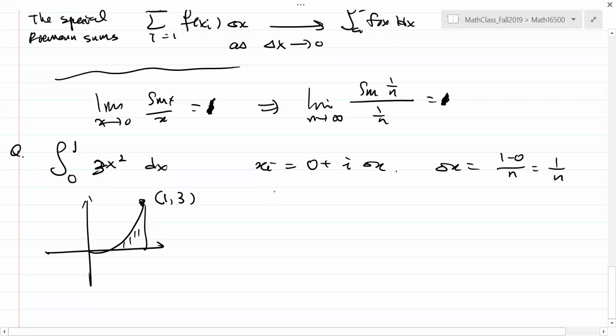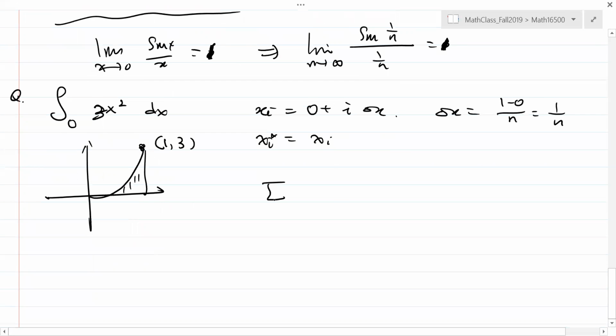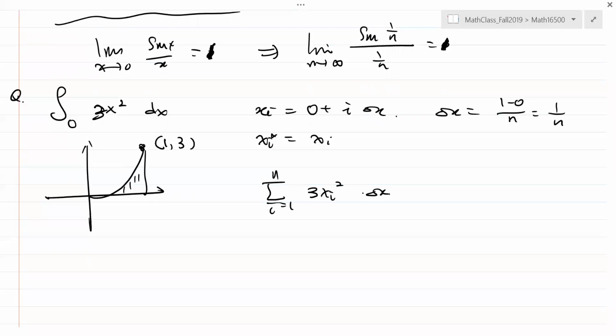So xi star is going to be xi. So the Riemann sum is going to be f of xi star, 3 xi squared, delta x. Okay. So for the integral, you have to say why you have to find the limit, right?